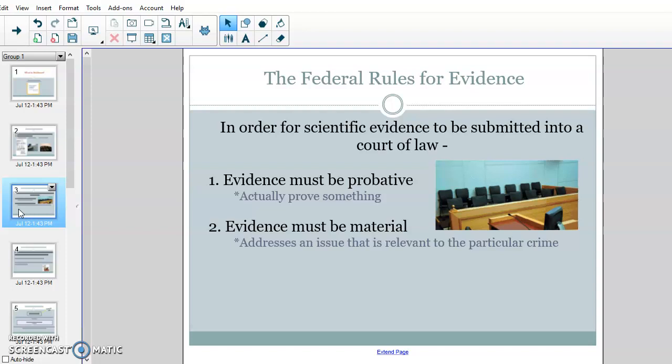So for example, say I had committed a burglary, okay, so I had broken into somebody's house and I had stolen $10,000 that was inside their house, okay, and the prosecution, or the defense, either one, wanted to submit some evidence into my case, and they said, the evidence we want to submit is videos taken from neighboring houses.